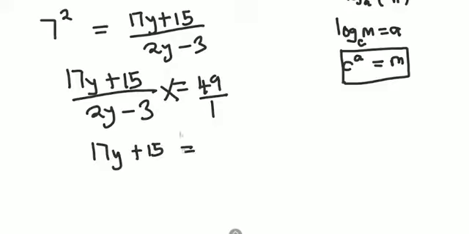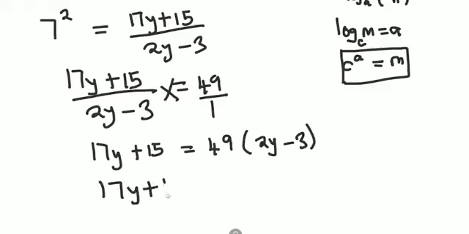Then equal to this 49 multiplied by (2y - 3). So we are going to write 17y + 15 is equal to 49 times 2y.